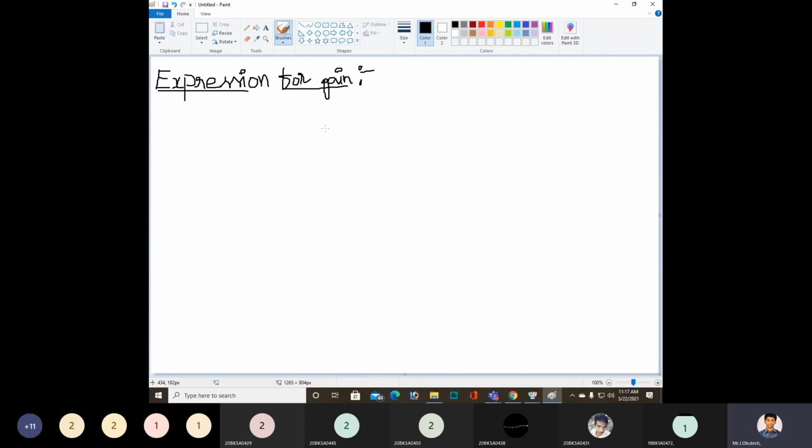So the imaginary part is equal to 0, right? And beta is equal to 1 by 1 minus 5 alpha square, right?